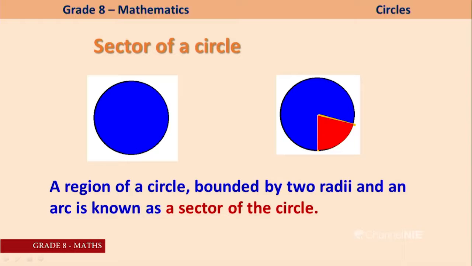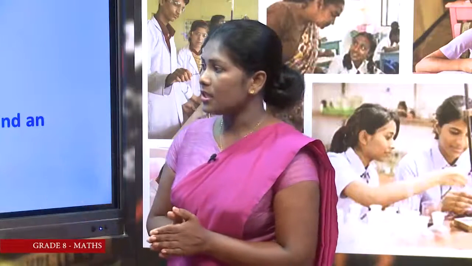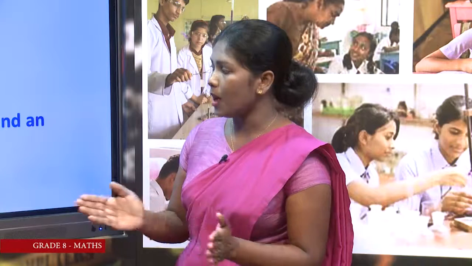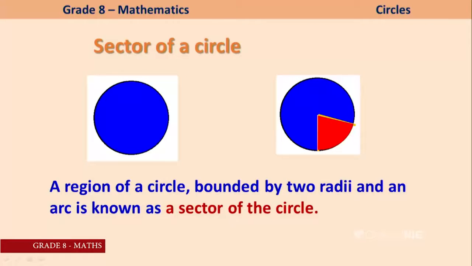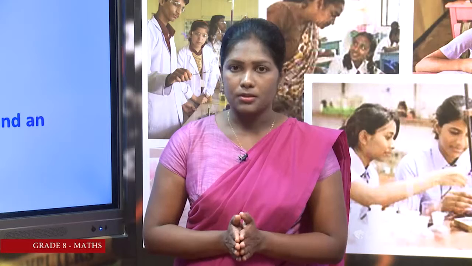The other one is the minor sector. So what is a sector? A region of a circle bounded by 2 radii and an arc is known as a sector of a circle. Okay children, now you know the meaning of sector and segment.